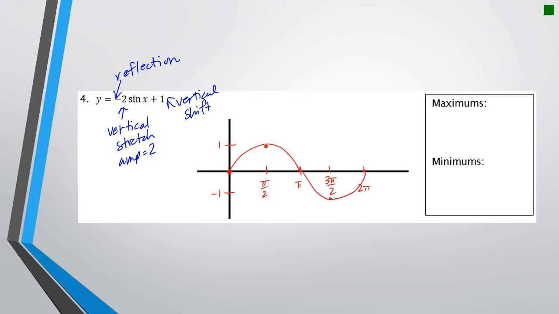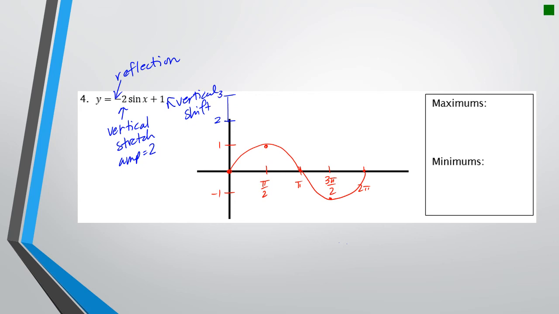And then in blue, I'm going to do the actual equation for number 4. So lots of things are going on here. Everything's getting moved up 1, so I'm going to add another tick mark on my y-axis. I'm also going to go down instead of up first, and then I'm actually going to be going twice as high and twice as low. So I'm actually going to need quite a bit of extra stuff here.